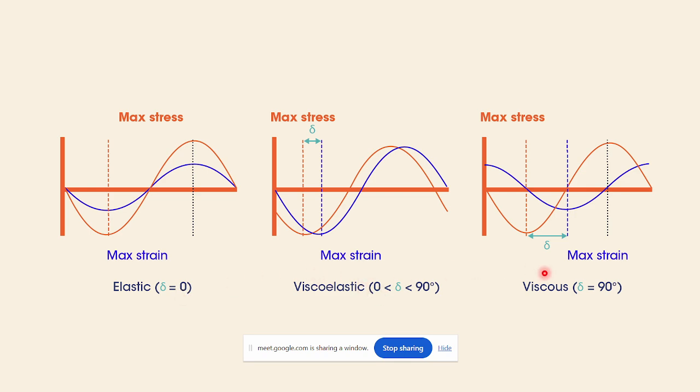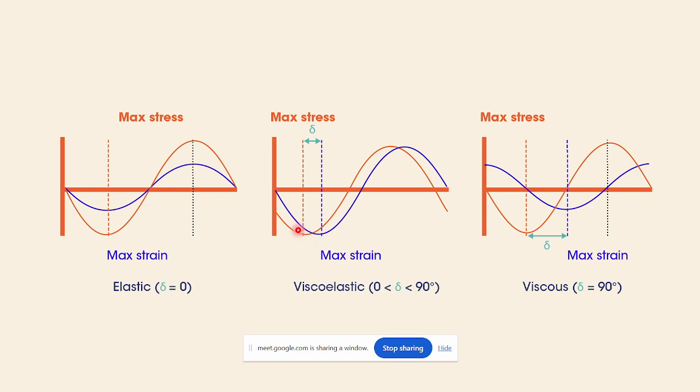In the case of viscous, if it is 100% viscous, there is a phase lag of 90 degrees, that is delta equal to 90. That means when the stress is minimum, the response is delayed by 90 degrees.